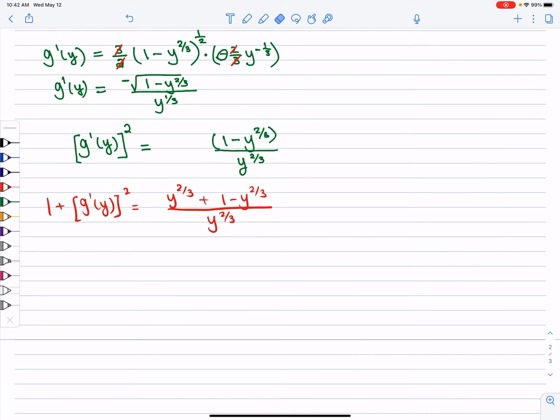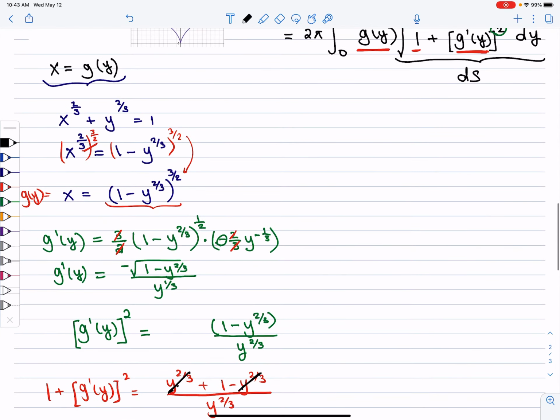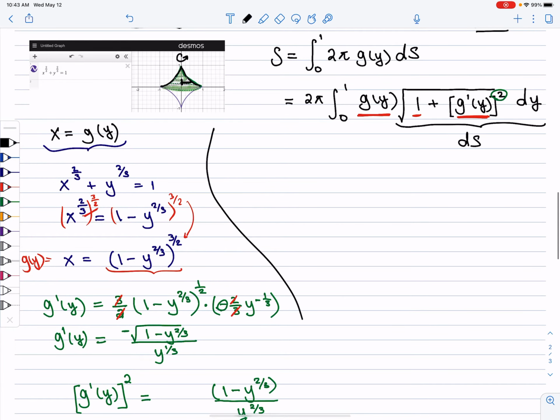And we can simplify this a little bit more. We can simplify the positive y to the 2/3 with the negative y to the 2/3, and then we are left with 1 over y to the 2/3. So now I'm going to get this information and plug it in: 1 over y to the 2/3.